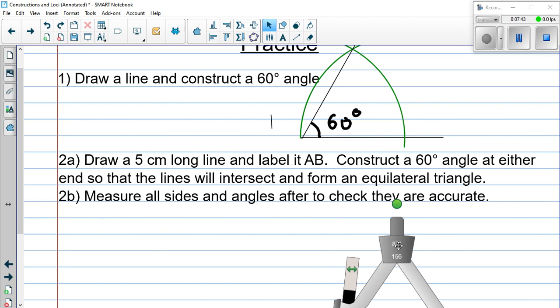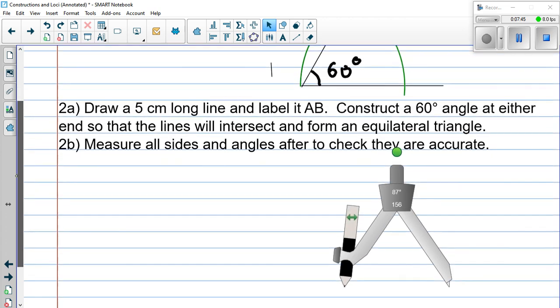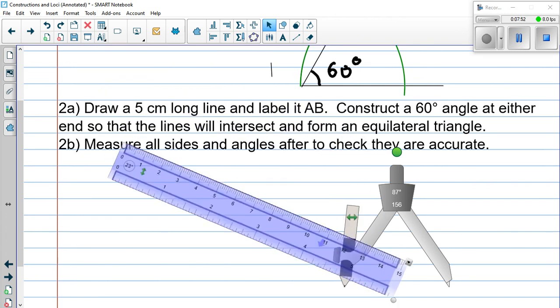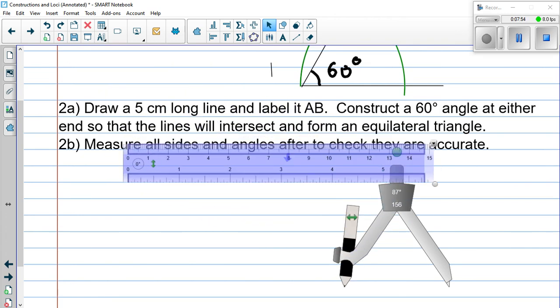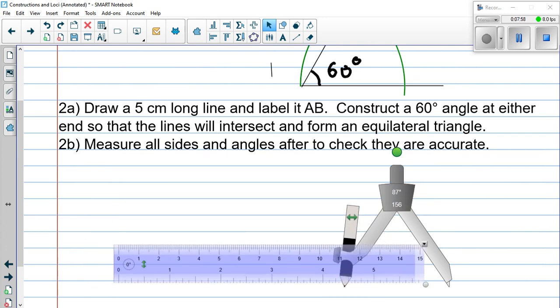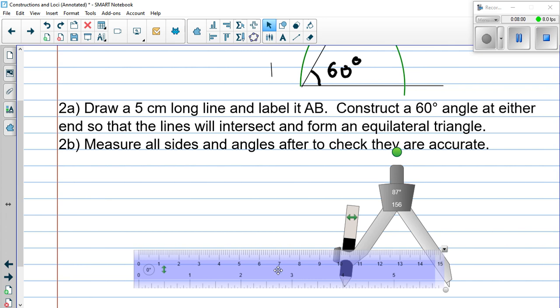Okay, so a little bit more involved of a question. It might actually be a little bit harder for some people if you found the equilateral triangle easier. This is actually requiring that you look at your measurements and pay really close attention. Because, notice how in that first step, I said draw a 5 centimeter long line.